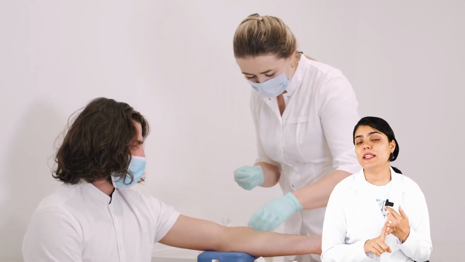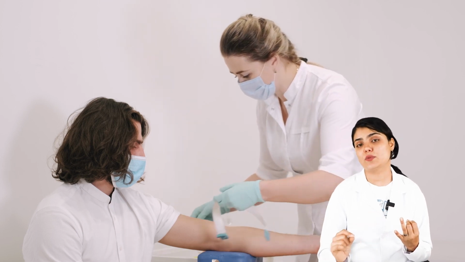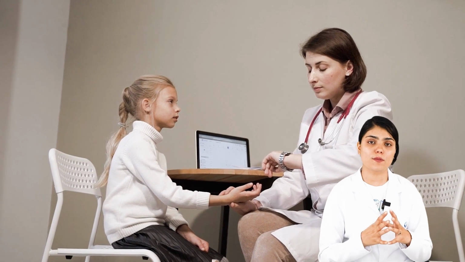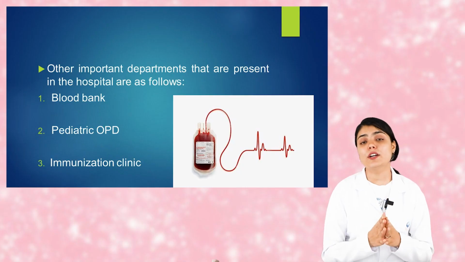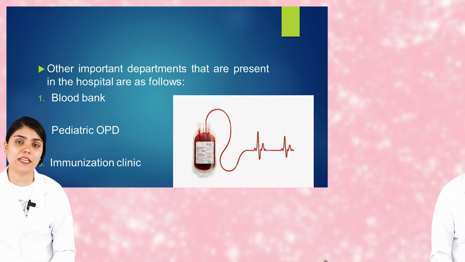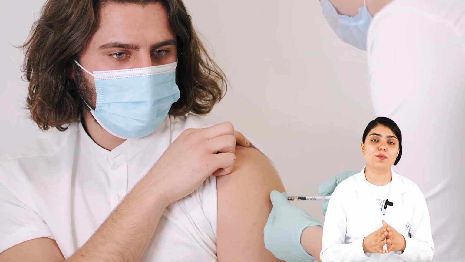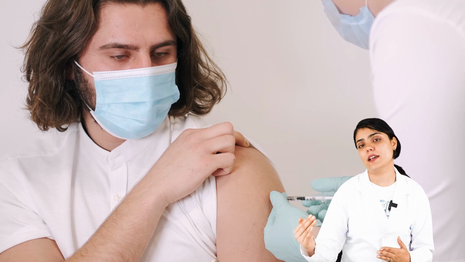The second department that we see in the hospital is the pediatric OPD. Every hospital will have a separate wing for pediatrics, and that is called the pediatric OPD. The third one is the immunization clinic, which is a place where immunization is given.